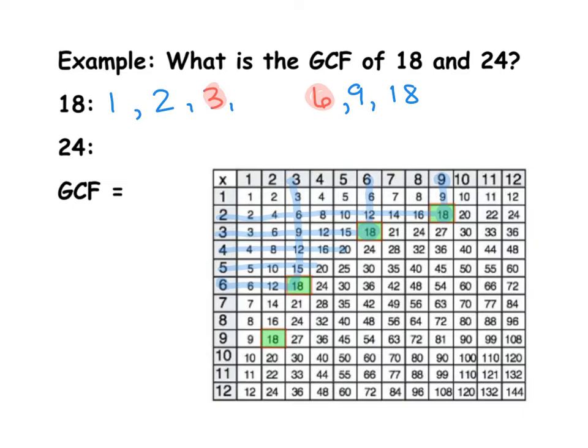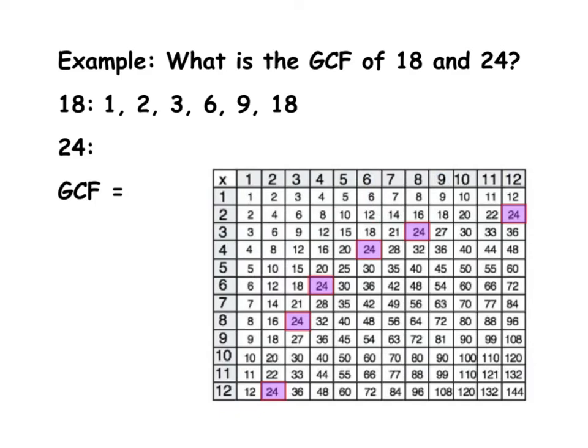On your multiplication chart, doing 24 now. 1 times any number gives me that same product, and so 1 and 24 are factors of 24. Looking across the 2s, I see 24, and looking straight up, 2 times 12 is equal to 24.